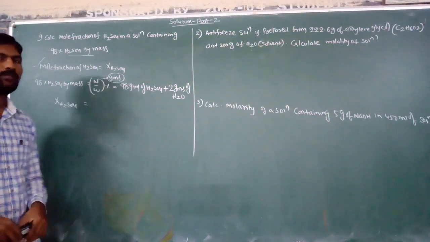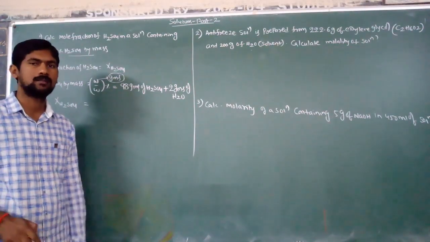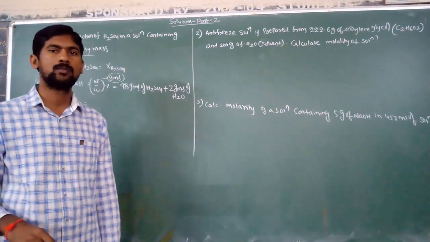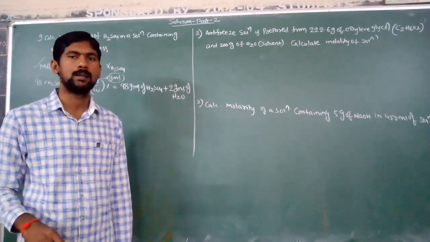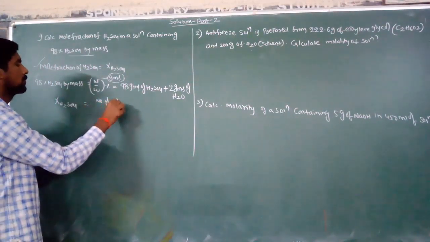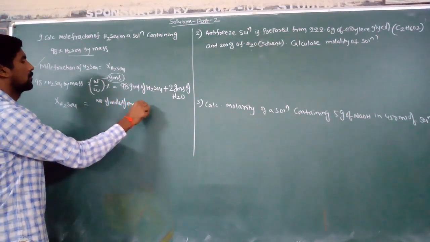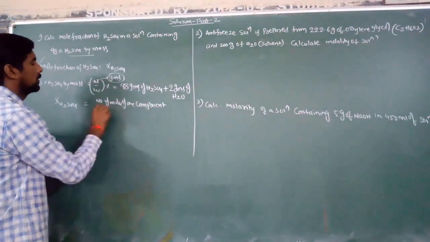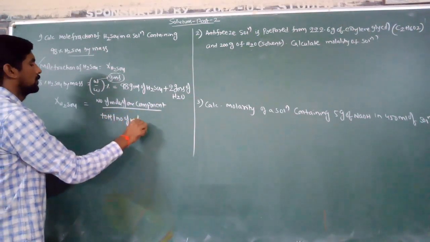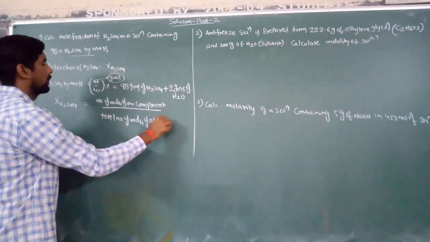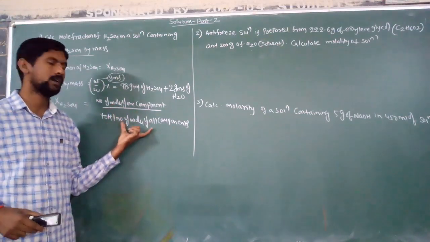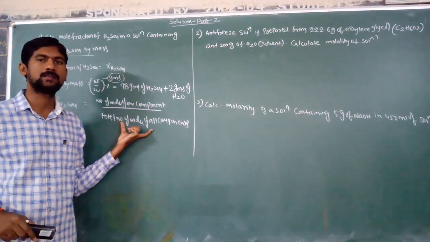You know, what is the formula of mole fraction? Mole fraction is the number of moles of one component by the total number of moles of all the components present in the solution.